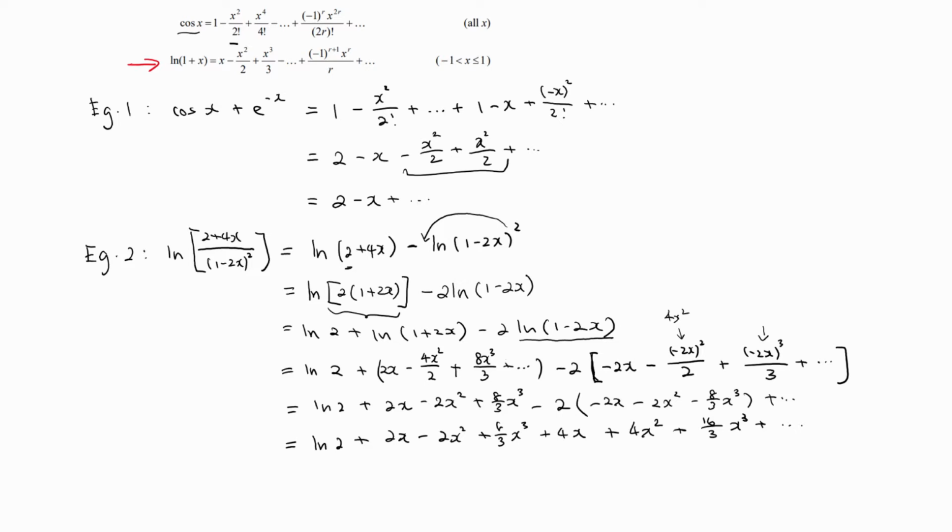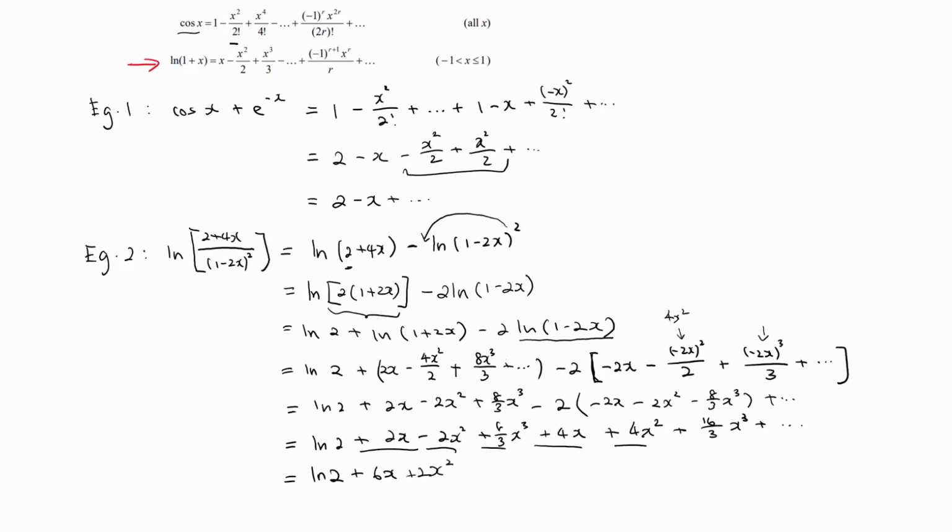We'll group the like terms and simplify this. There's just one constant, which is ln 2, and then we have plus 2x and the 4x over here and here, so that gives us 6x. Then we've got the x squared, which is this one and this one, so we have plus 2x squared.